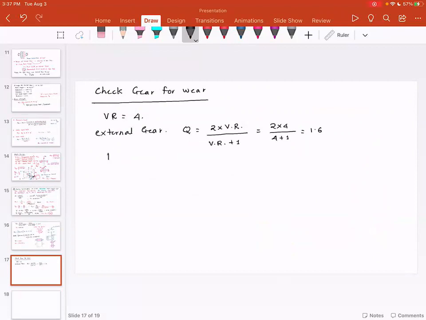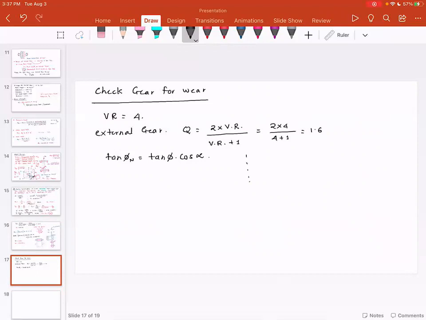And this is important. We need the pressure angle, which is the normal pressure angle. And the equation for normal pressure angle is tan phi n is equal to tan phi cosine alpha. This needs a little bit of discussion.